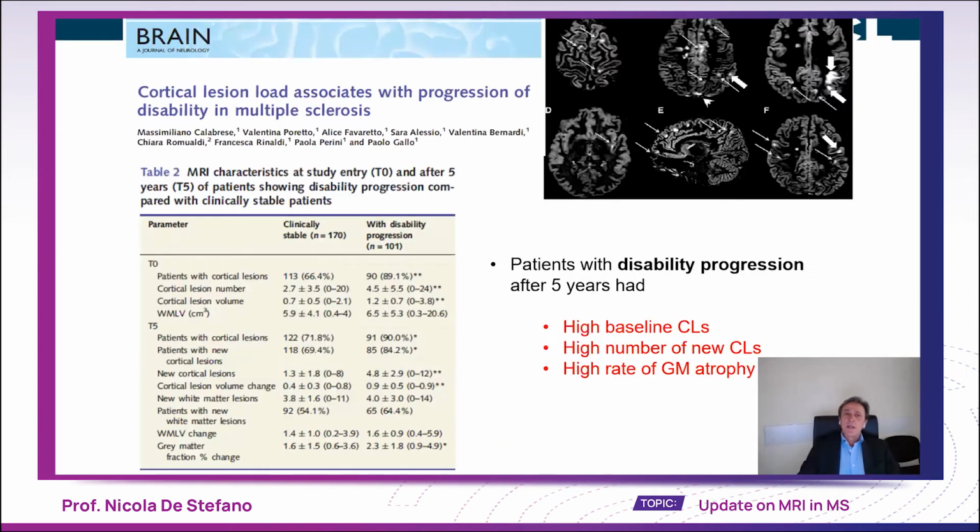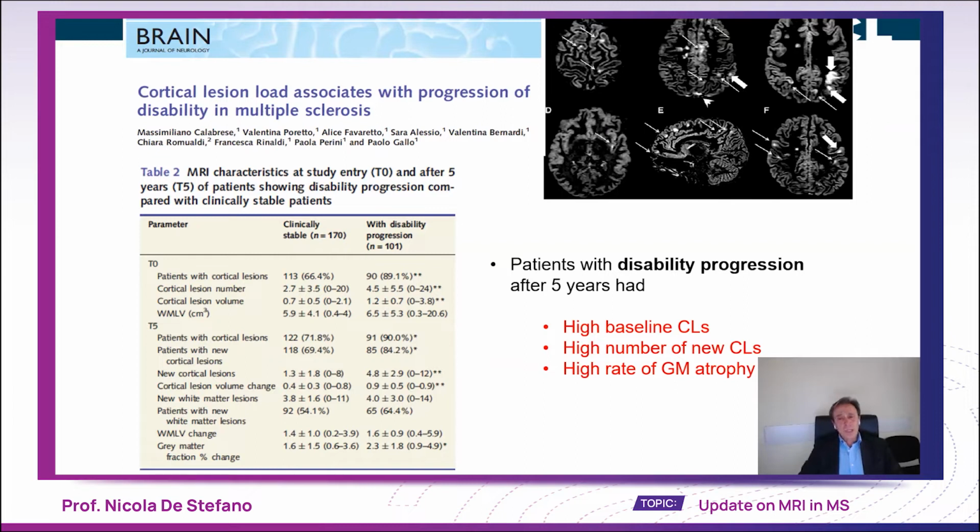And this is what this paper is telling, but also many other papers that associate cortical lesion load with progression of disability in 5 years in this study, but also in the long term, until 30 years now, in different studies telling us that high baseline cortical lesions, a high number of new cortical lesions, together with the atrophy that we're going to see in a minute, is definitely important.